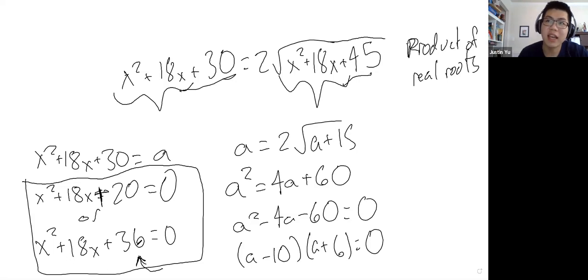Now you might be asking, how did I get this equation? Well, that was what happens when a is equal to -6. Let's plug in a is equal to -6 into this equation. We get that -6 is equal to 2 times the square root of 9, or -6 is equal to 6.